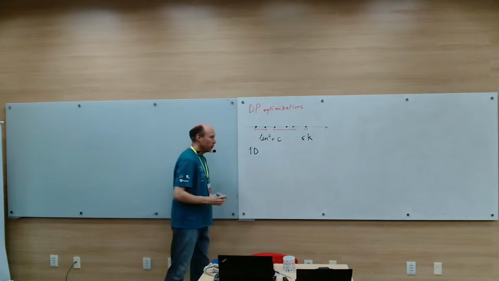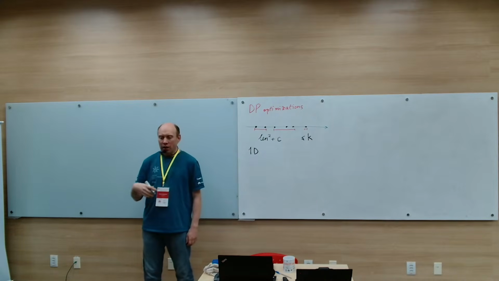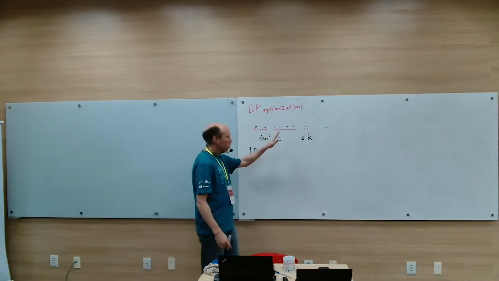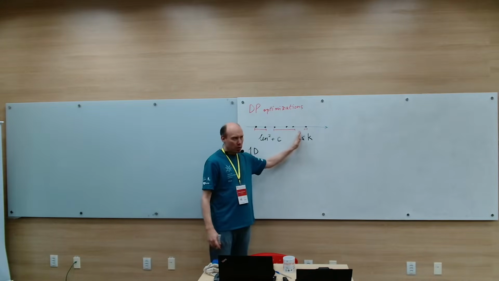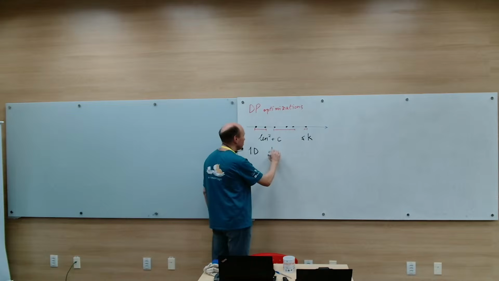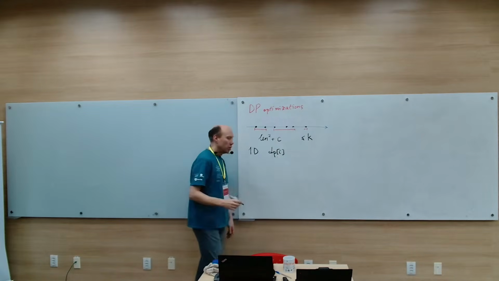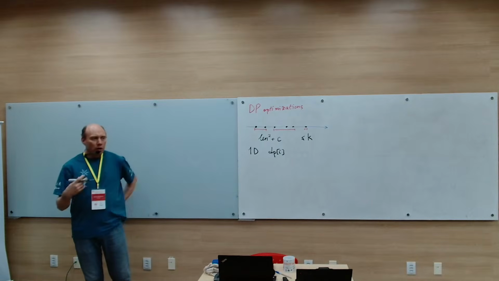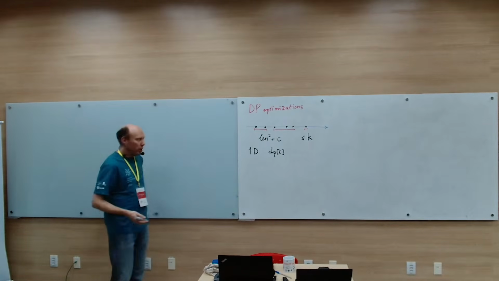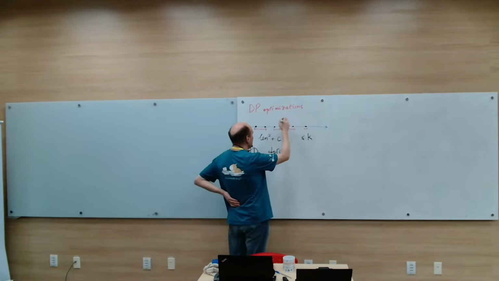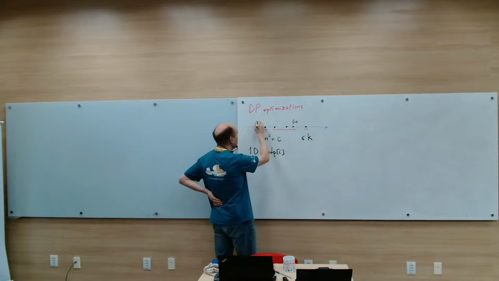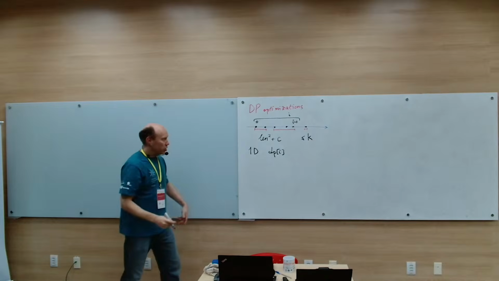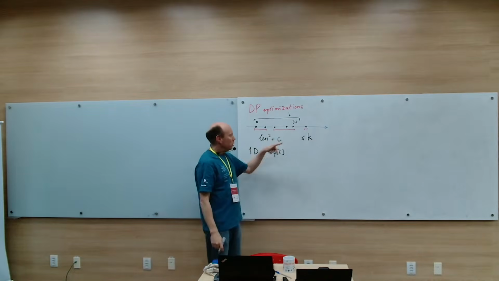And the solution would be: what is the minimal cost to cover the first I points? Call it dp I. It's the cost to cover the first I points. And what is the formula to update the dynamic programming? This is point number I minus 1, zero-indexed. Let's take a look at the last segment.